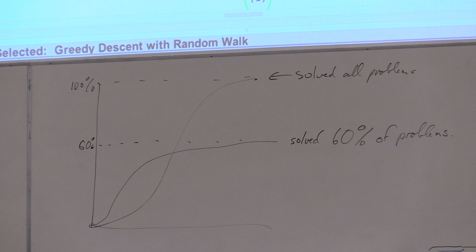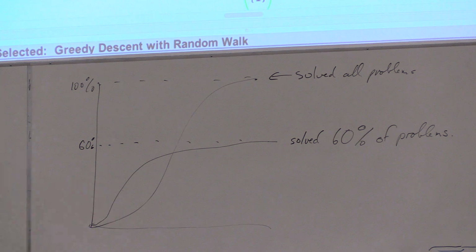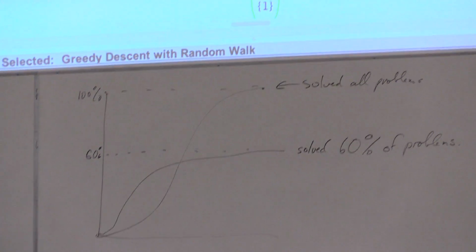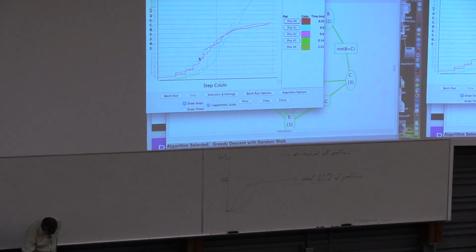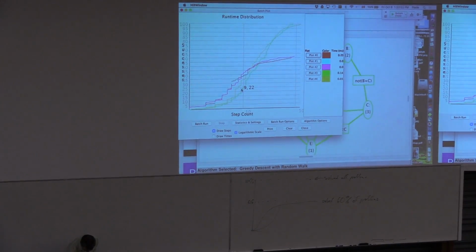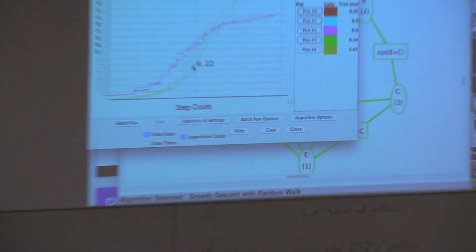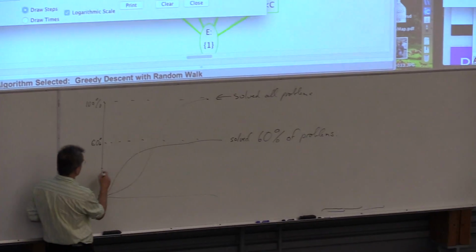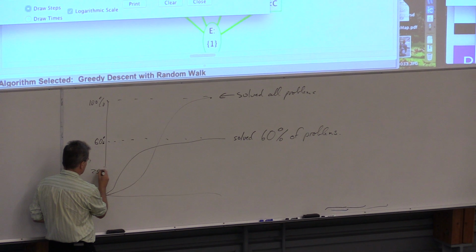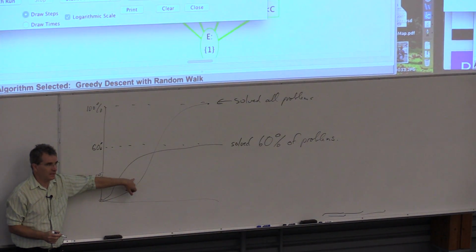Okay, then if you look at something down here, the 25% range is here. See, one of them solved it in 5 steps, and the other ones took about 10 steps. So if you wanted to solve 25% of the problems, then this algorithm is much faster than this algorithm.